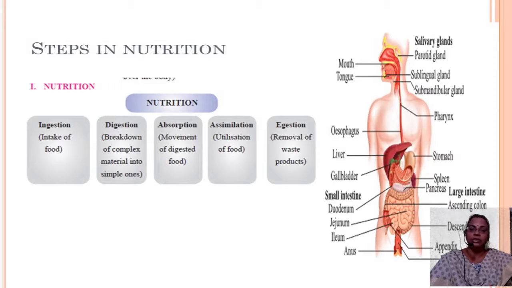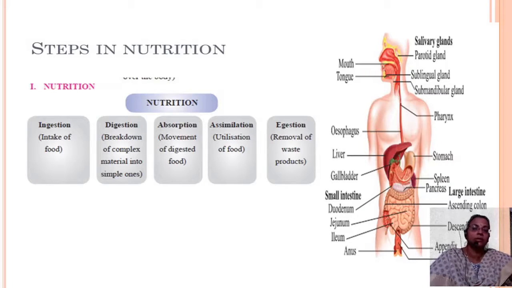Then assimilation. Assimilation means when food is converted into simple compounds, especially the carbohydrate, that is sugar, glucose. The glucose will be absorbed into the blood. Then this glucose, with the help of the blood vascular system, will be transported to different parts of the body, and the cells will absorb the glucose.